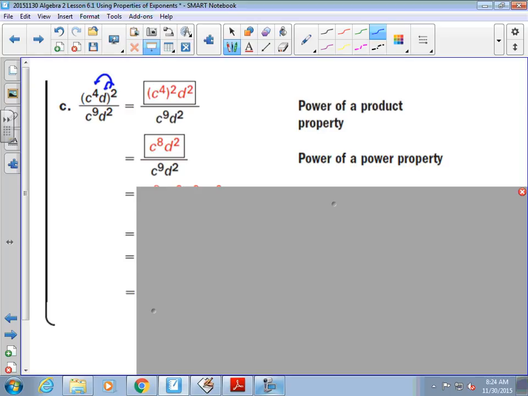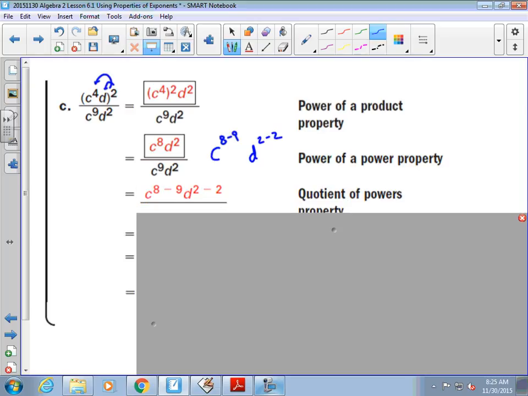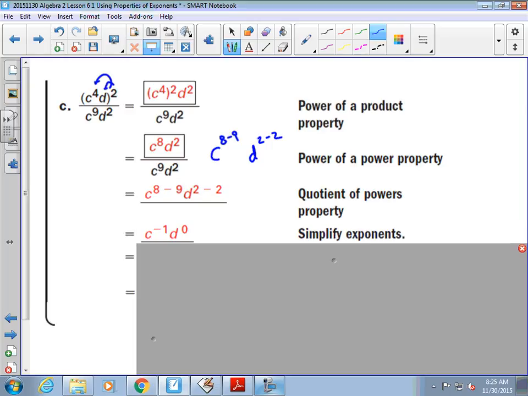Now at this step, c is divided by c, same base, so division goes with subtraction. That's the same thing as c to the 8 minus 9. And d is dividing by d. That's, again, division goes with subtraction, d to the 4 minus 2.